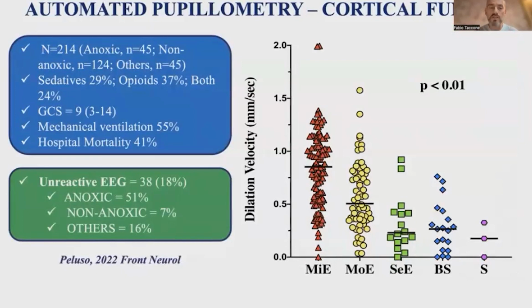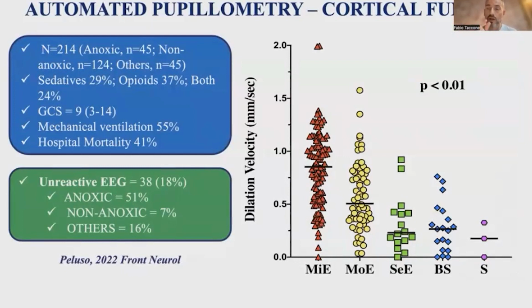What we have done in Brussels, we have studied more than 200 patients, anoxic, non-anoxic, and other forms of secondary brain injury. Most of them were on sedative analgesics with a GCS of 9, in whom we looked at the EEG assessed by a blinded independent neurophysiologist and different parameters of the pupillometry.